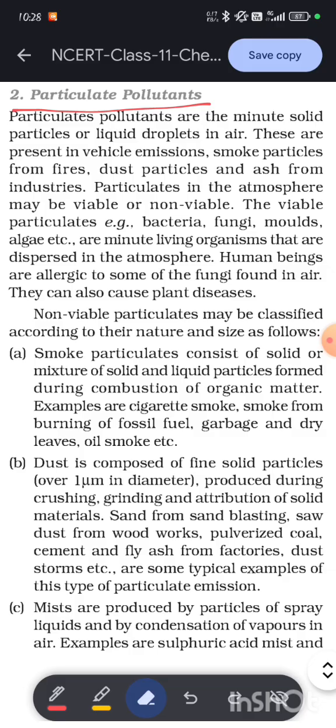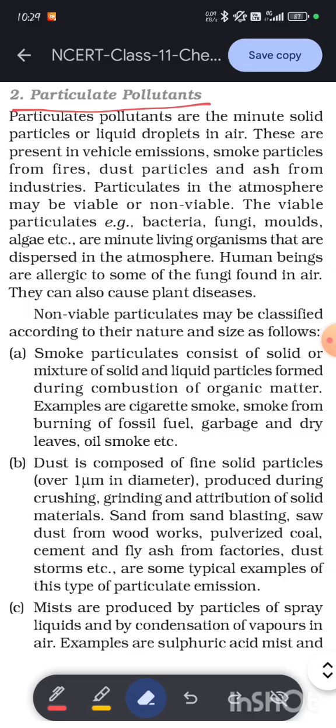Non-viable particulates may be classified according to their nature and size as follows. A. Smoke particulates consist of solid or mixture of solid and liquid particles formed during combustion of organic matter. Examples are cigarette smoke, smoke from burning of fossil fuels, garbage and dry leaves, oil smoke, etc. B. Dust is composed of fine solid particles produced during crushing, grinding, and attrition of solid materials.